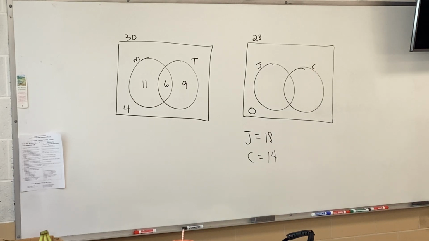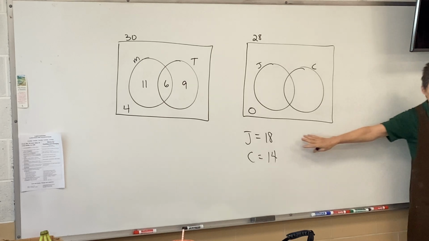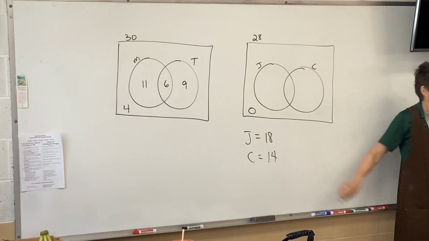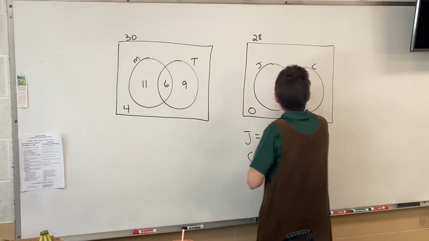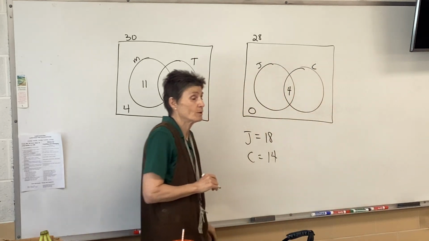How many people voted twice? You can figure this out. How many hands went up altogether? 32. How many people were in the room? 28. So how many extra hands went up? 4 people voted twice. 4 people voted for both.